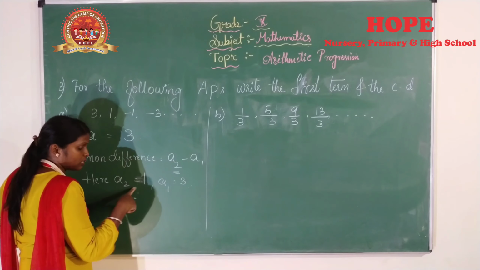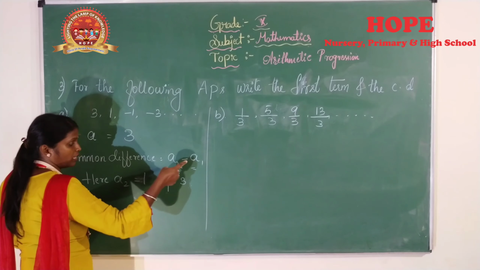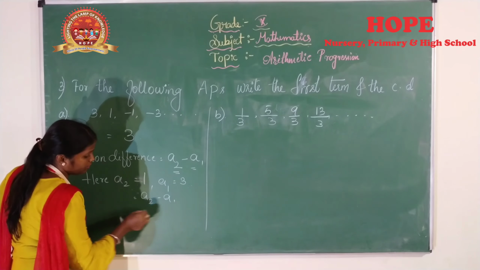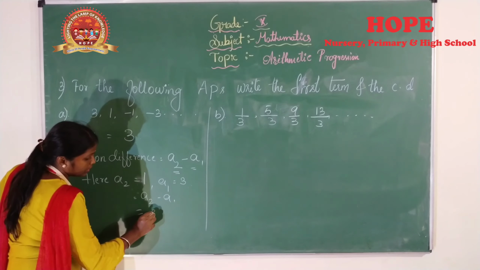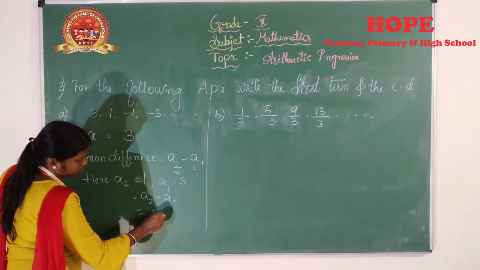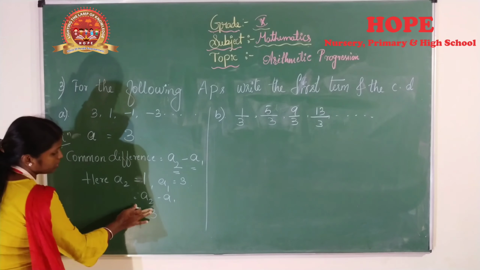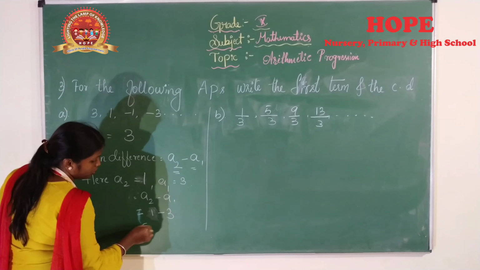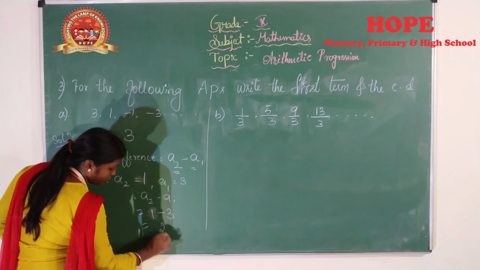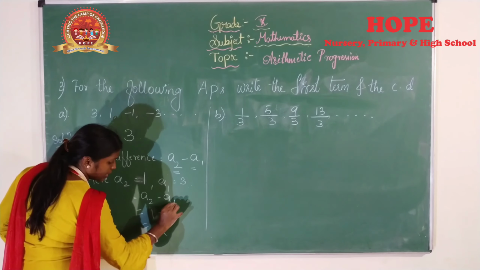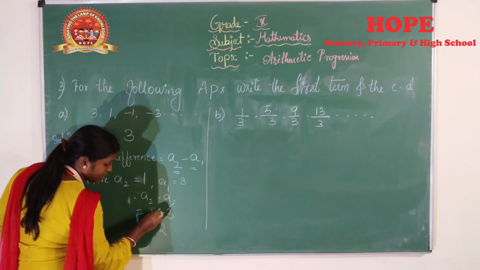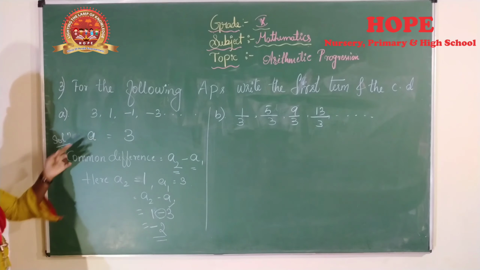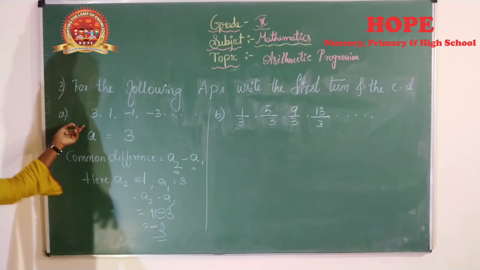So when we substitute these values, the common difference is A2 minus A1, which is equal to 1 minus 3. 1 minus 3 is nothing but 2, but the greater number is 3 and the sign of the greater number is minus. So the common difference is minus 2 in the given AP.